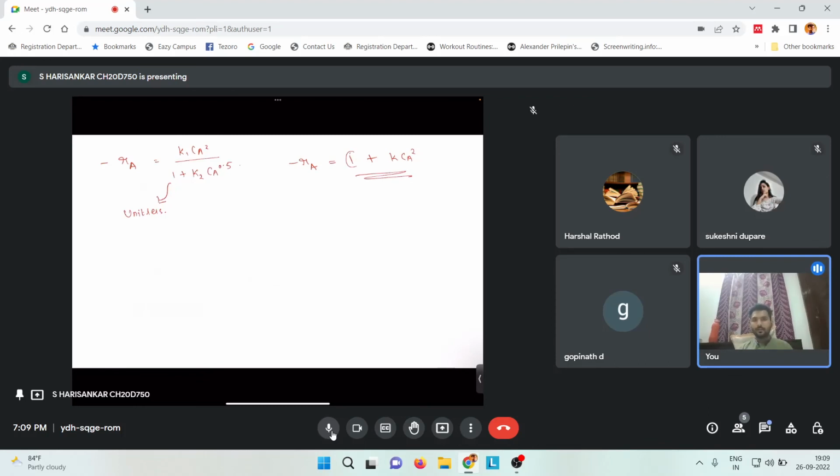But if at all you do see such rate equations, then you have to assume this one has a unit the same as the reaction rate.